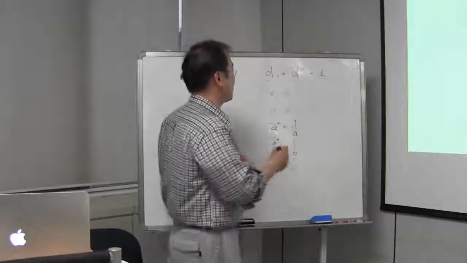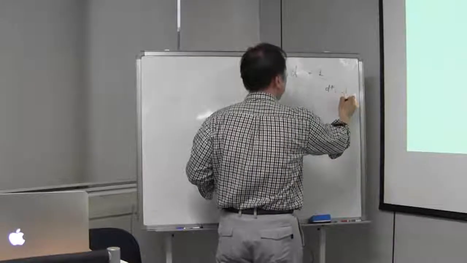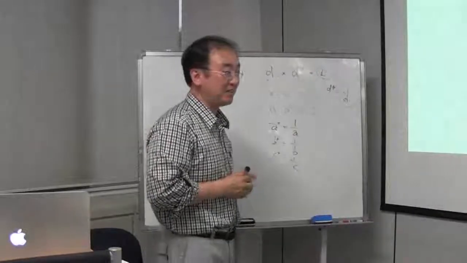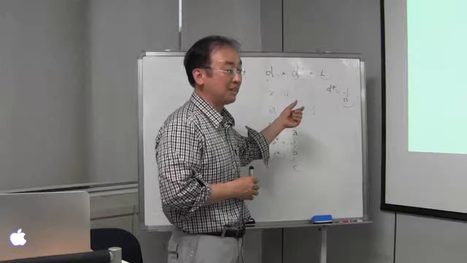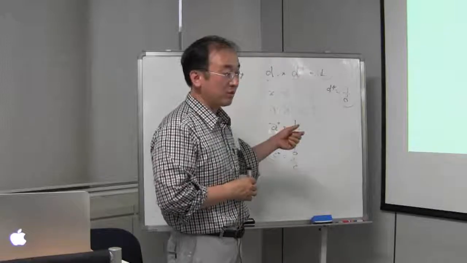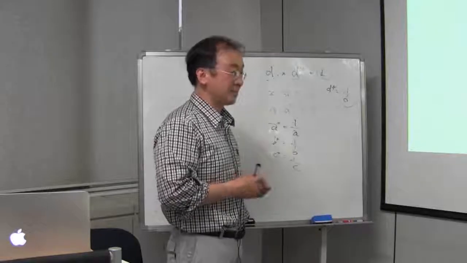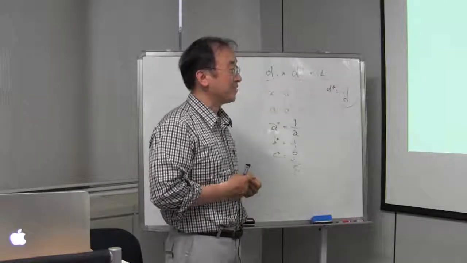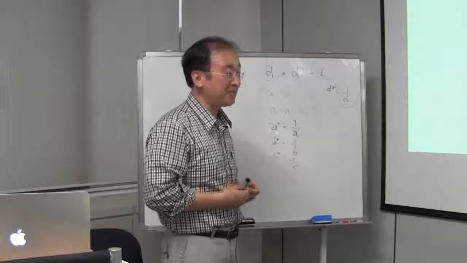Simply, d star is 1 over d. If you know d, we can calculate d star just by inverting the number, also inverting the unit. The unit in d is angstrom and the unit in d star is reciprocal angstrom, but it's not easy to pronounce reciprocal angstrom each time.